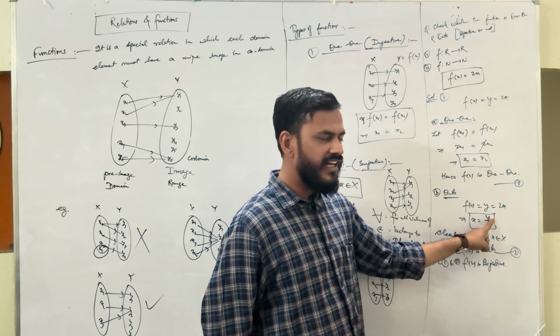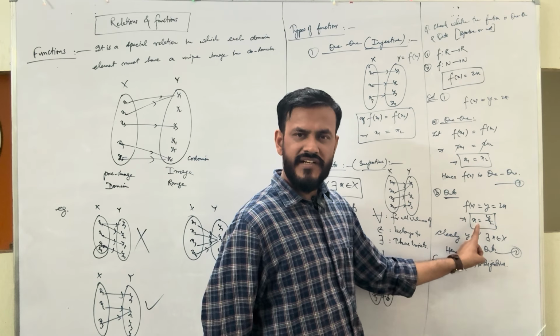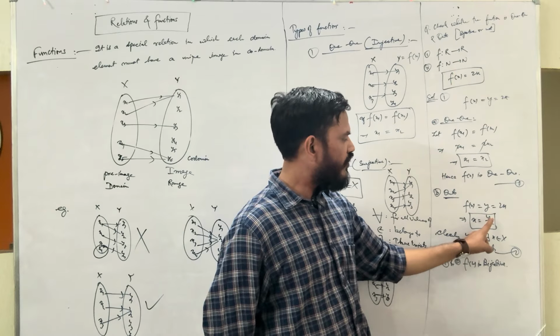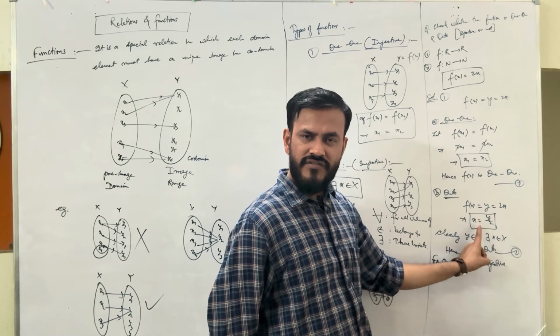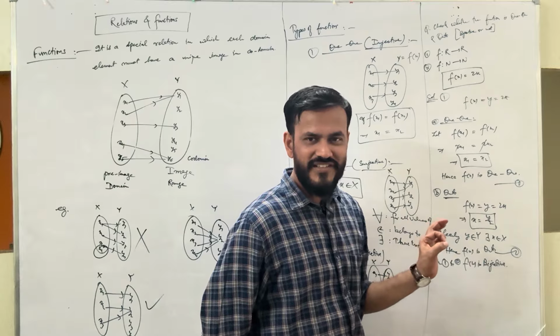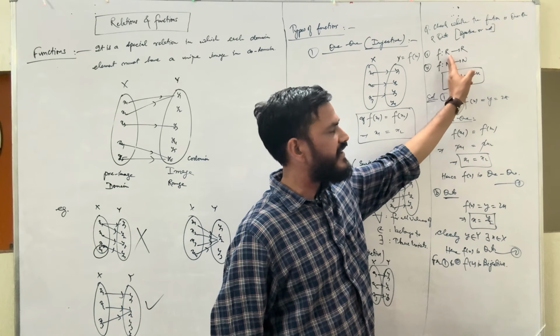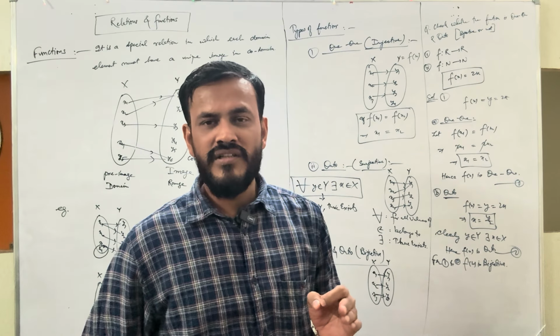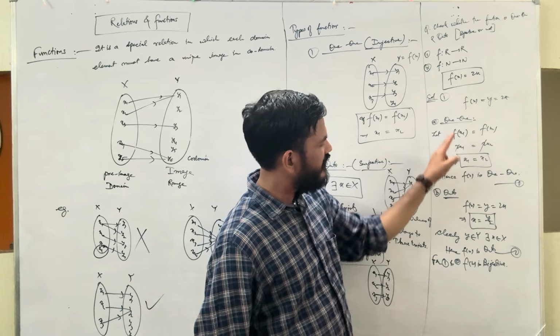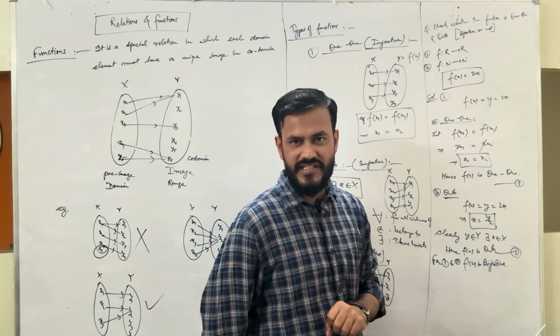So if you put any real number and divide it by 2, you get a real number. The function is defined from real to real. So for all real values of y, you get real values of x. So this function, when it runs from real to real, is also onto. Now, since this function is 1, 1 as well as onto, it is bijective.